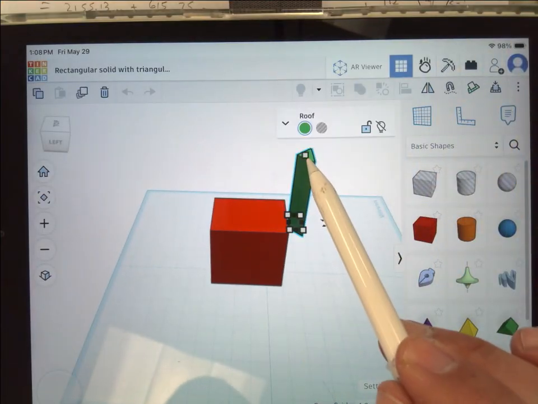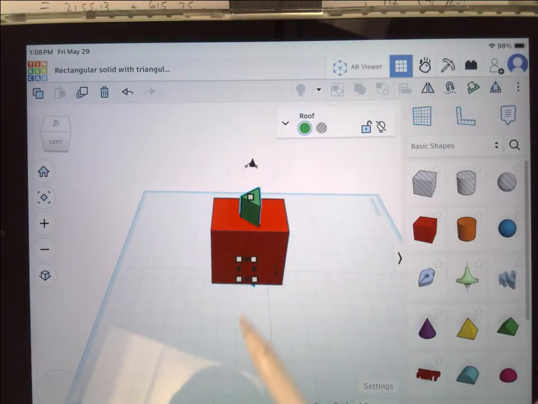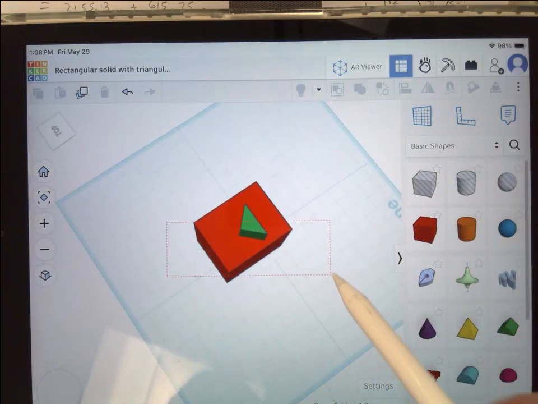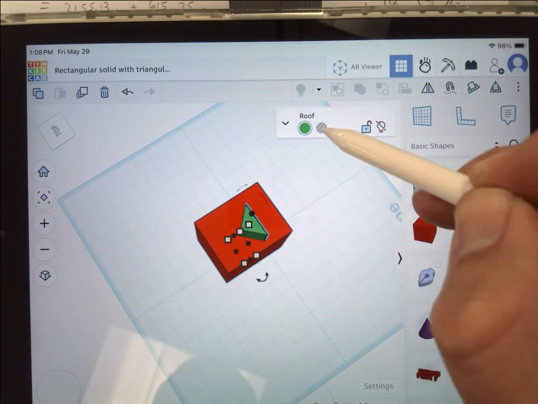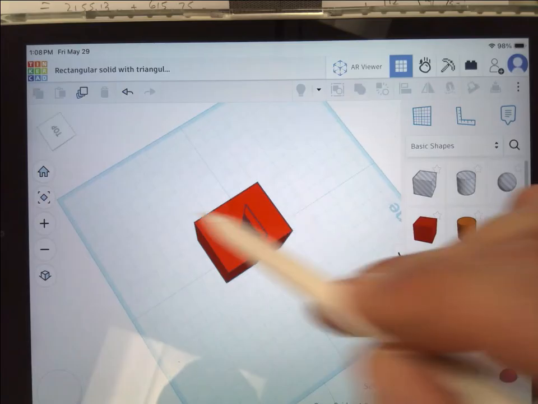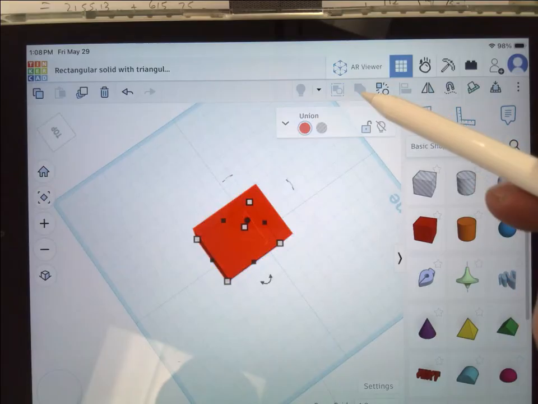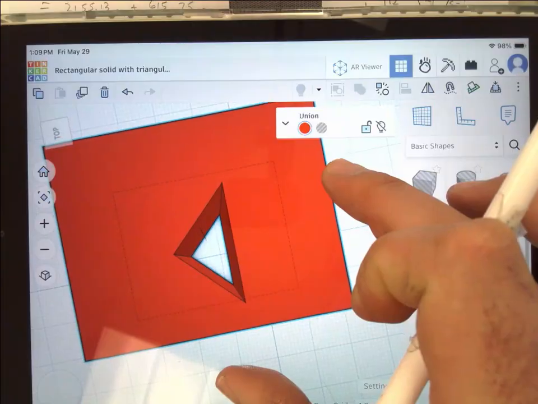But then pretend like you're drilling a triangular hole like that. I turn this one into a hole, and then I group it like that. And all of a sudden you have that hole in there, okay?